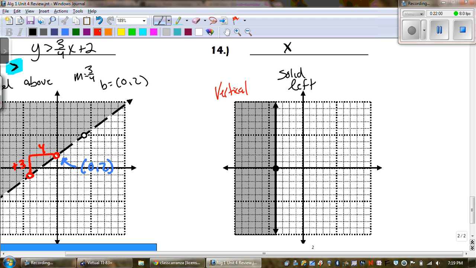They shaded to the left. And remember that left means less. Okay? So since left means less, I need to do the is less than, it's solid, or equal to. And now the last thing we need to do is look at what number that's at, and that's at -4. So x is less than or equal to -4.